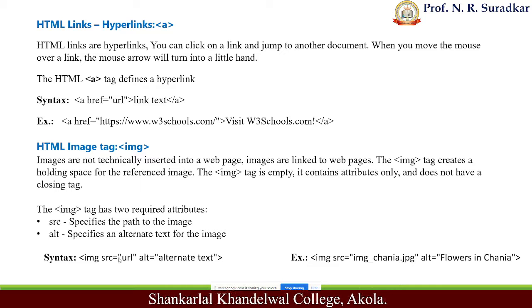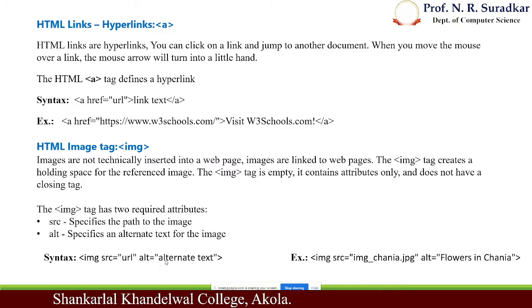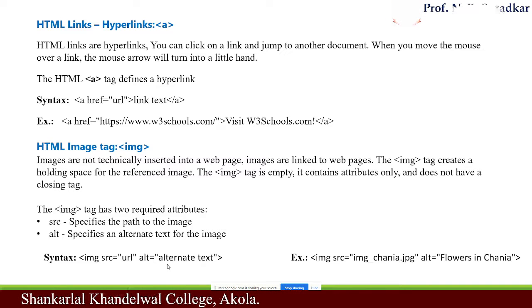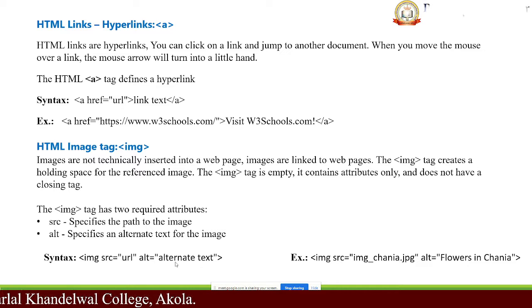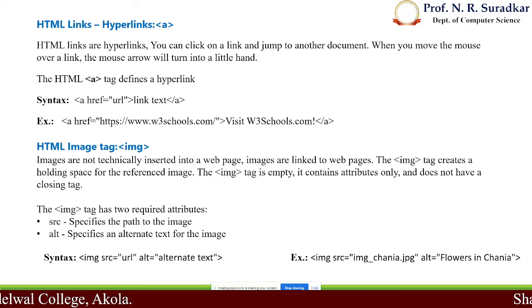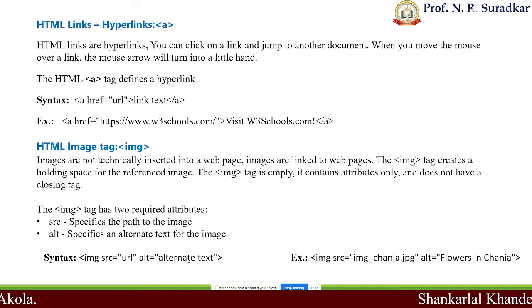Then alt is the alternate text which we have to give here. This alt attribute holds information about that image, or the name of that image, or related information if you want to show it on the web page. That information we have to put into the alt attribute.